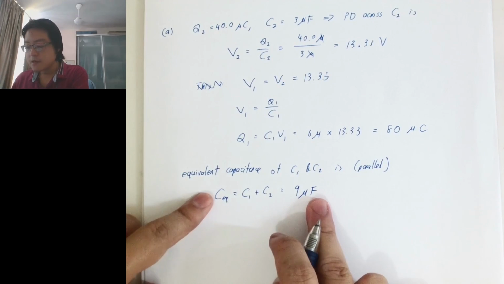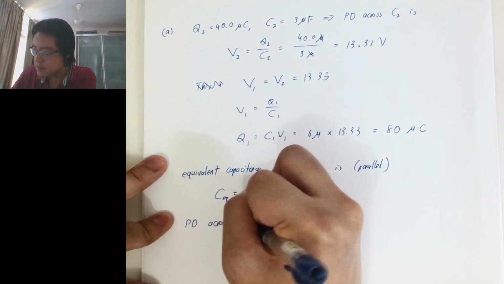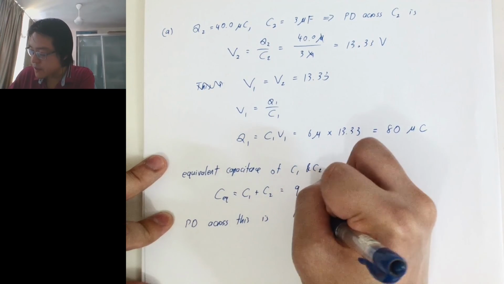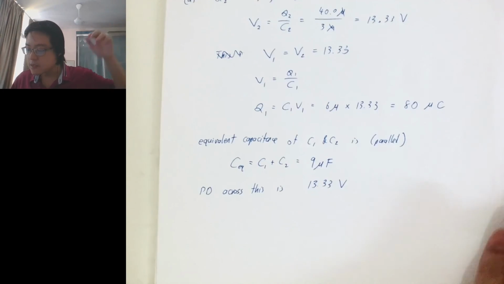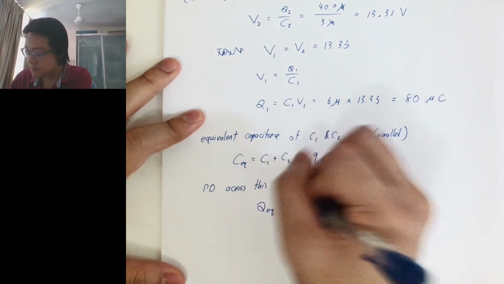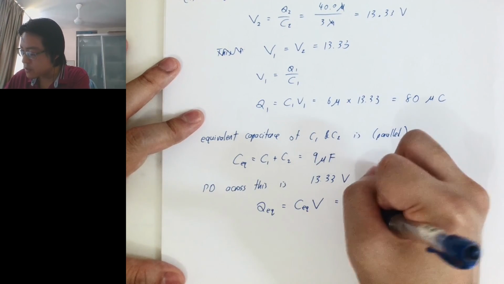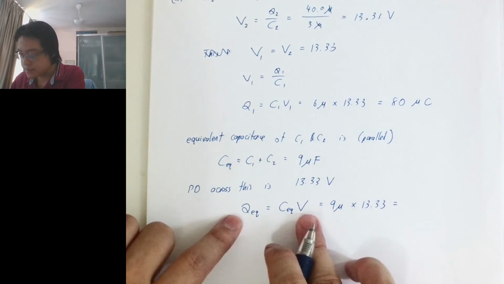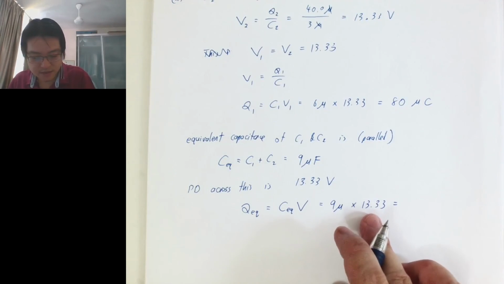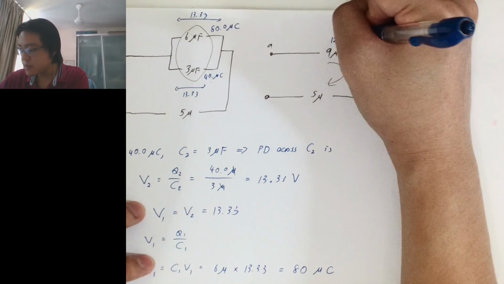Then the potential difference across this is 13.3 volts, because parallel capacitors have the same potential difference. So I can get the equivalent charge, which equals C equivalent times the potential difference. So it is 9 micro times 13.3, which is 120 microcoulomb. So the equivalent charge is 120 microcoulomb.